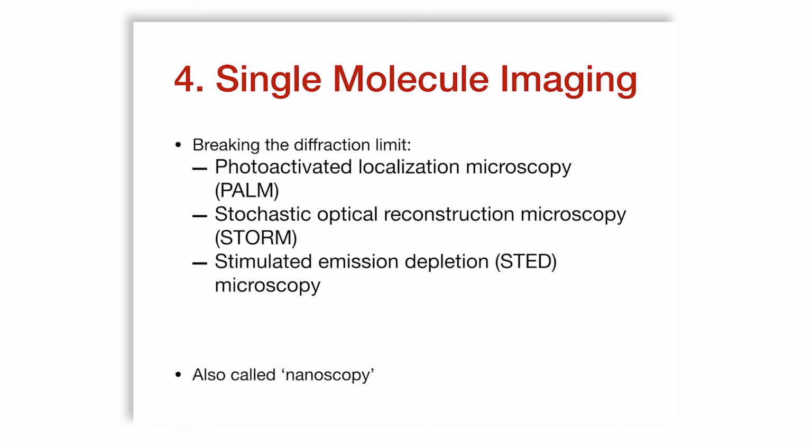These methods, photoactivated localization microscopy, PALM, stochastic optical reconstruction microscopy, STORM, and stimulated emission depletion microscopy, STED, are also collectively called nanoscopy because, unlike microscopy, they are able to look at things at nanometer scale and separate between them.